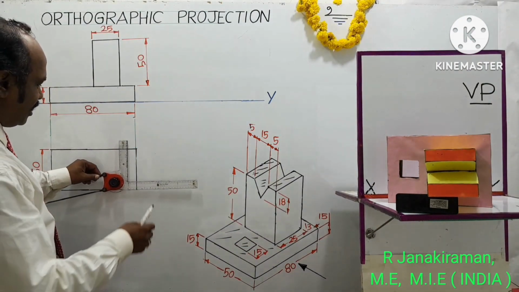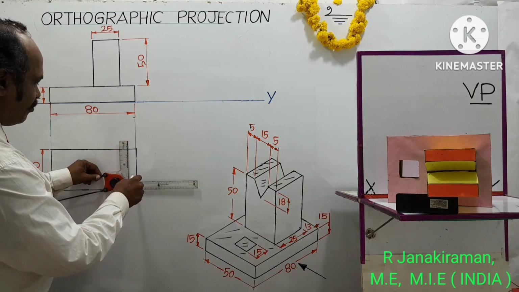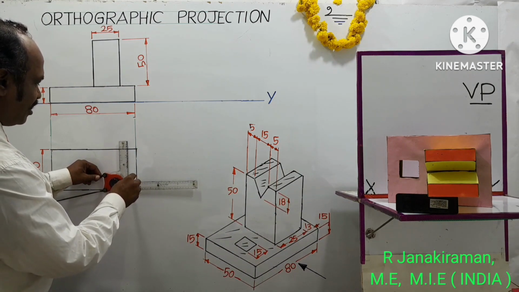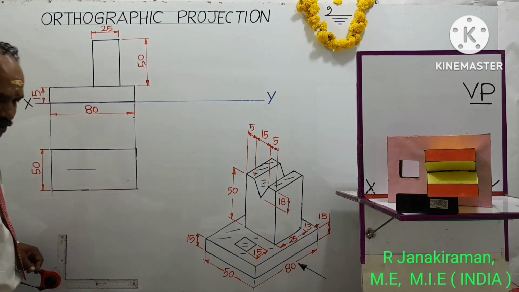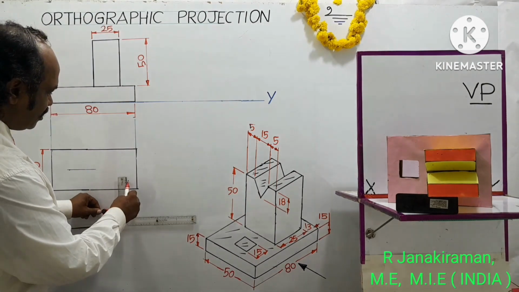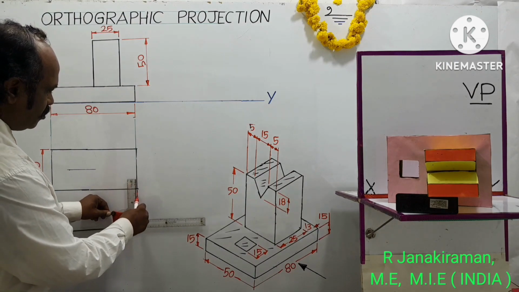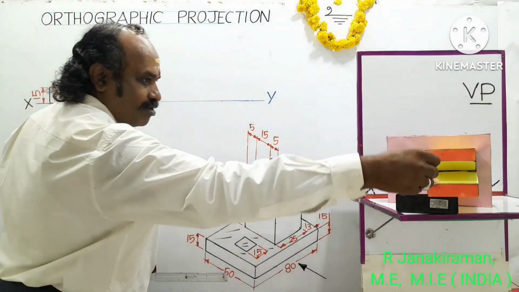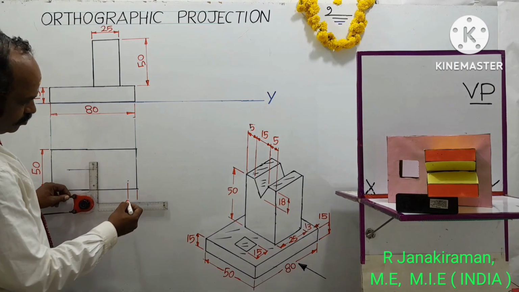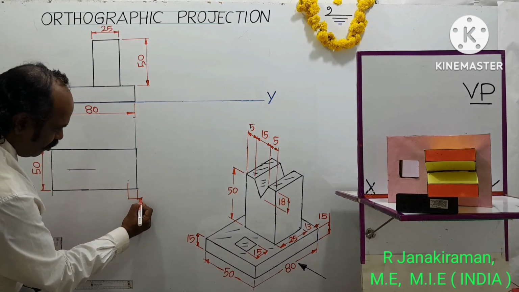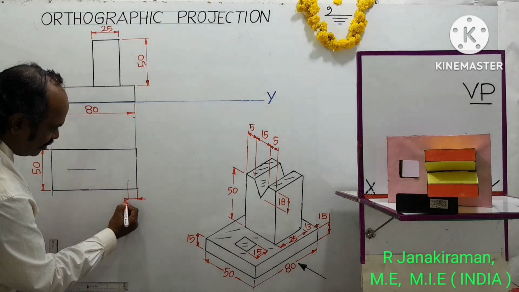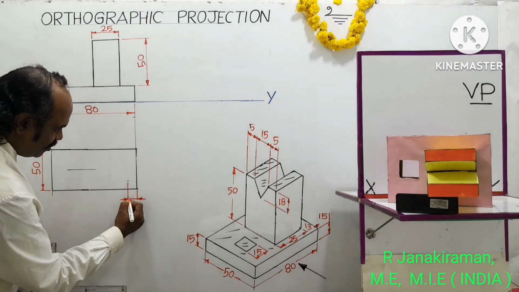So draw a lighter line from this right end, locate one point at a distance of 13 mm like this. Okay. So this distance is 13 mm. Let us dimension this, where the square block rests. Okay. So you can put outside arrows also. It's accepted for small dimensions. Dimensions means the size.